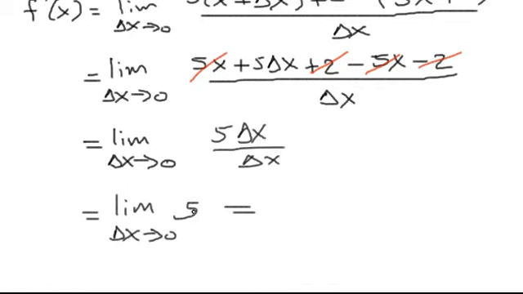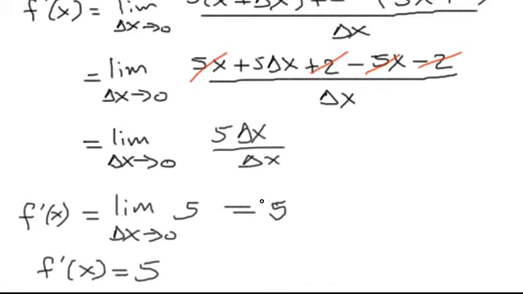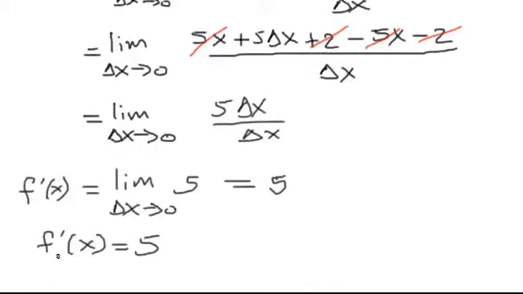And the limit of a constant is just the constant. So the limit of 5 as delta x approaches 0 is just going to be 5. So remember, this is f prime of x. So f prime of x is equal to 5.